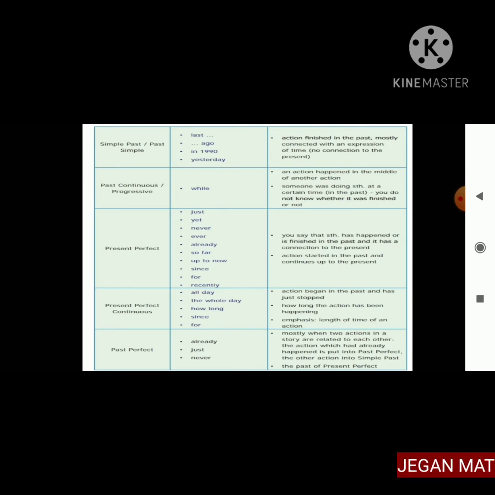Next, present perfect. They have given the signal words for present perfect: just, yet, never, ever, already, so far, up to now, since, for, recently. So we have to mention: just now I have finished, just now I have eaten, just now he has eaten. Has and have.